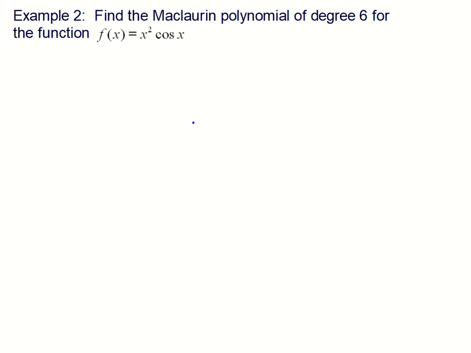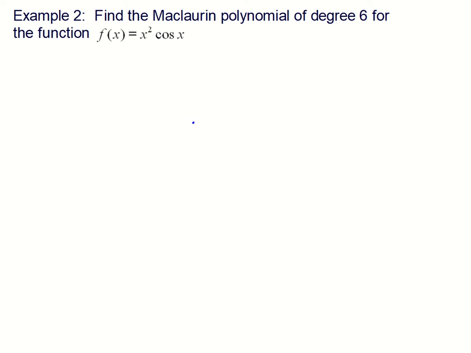Let's look at the Maclaurin polynomial of degree 6 for x squared times cosine x. Since x squared is a polynomial in and of itself, I don't need to do anything special for multiplying that by cosine x. If I already have a polynomial approximation for cosine x, I can simply multiply that approximation by x squared.